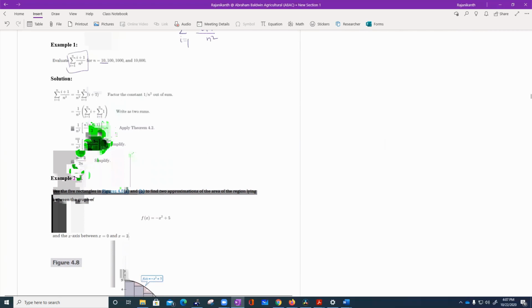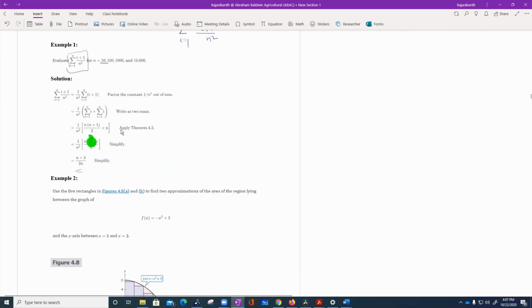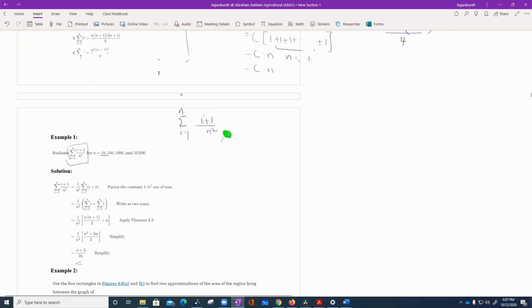Then you could simplify further: here you could cancel one n and here one n, and you will get that. So the given problem is now reduced to this. Remember, in my answer there is no more summation notation, because I applied all the formulas for the summation, right?